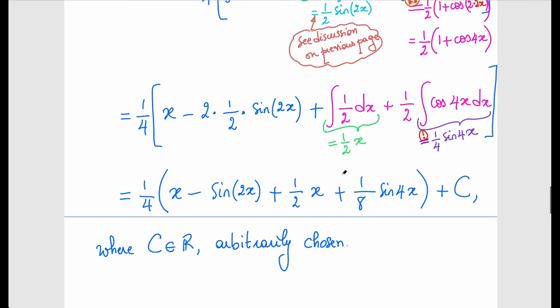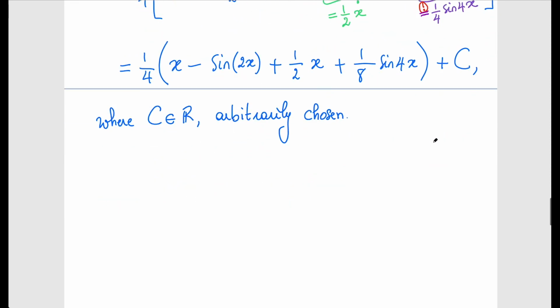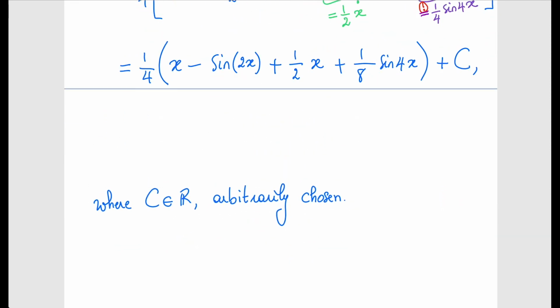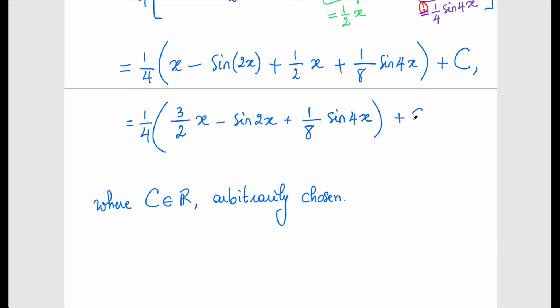Alright, you know what, let me do it. So this is equal to 1/4, as we said, x plus half x is 3/2 x, minus sine of twice x plus 1/8 sine of 4x plus that c, right? So plus that c.